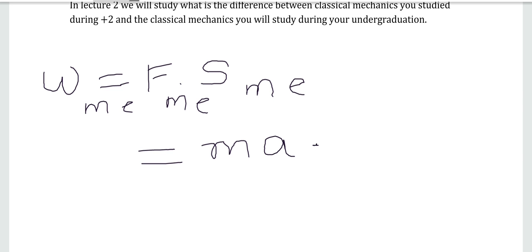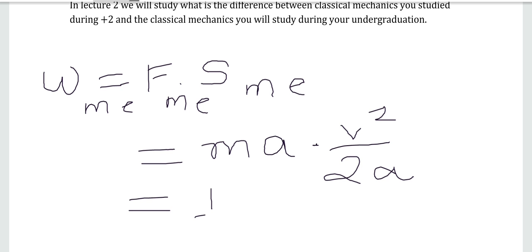So s becomes v square by 2a, and that v is the final velocity. So I can write s as v square divided by 2a. This fetches me an answer of half mv square.